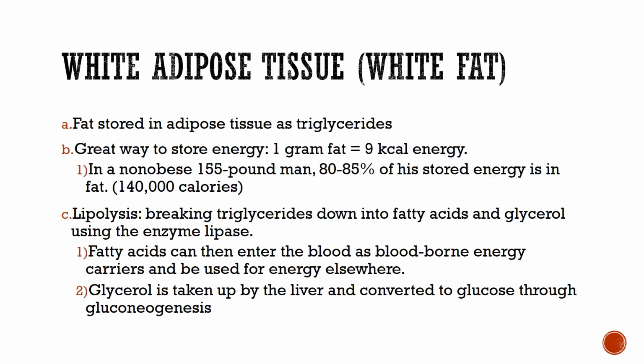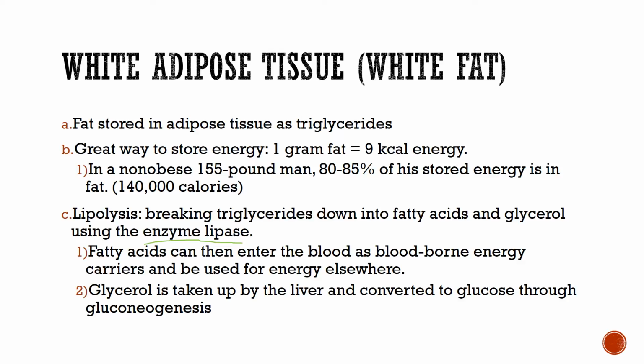With white fat, we have lipolysis, and lysis means the breaking down. With lipolysis, we have the breaking down of triglycerides into fatty acids and glycerol, and the enzyme used for that is lipase. From there, we can release that energy and use it for the demands of the body. Fatty acids will enter the blood as blood-borne energy carriers and be distributed throughout the entire body.